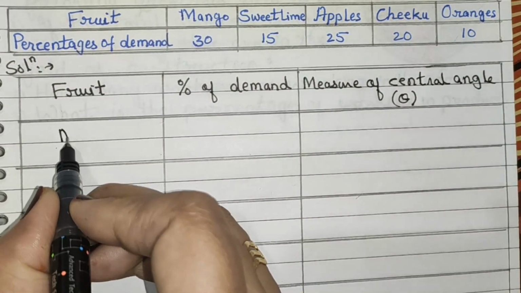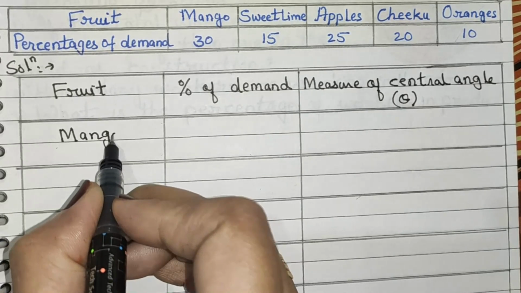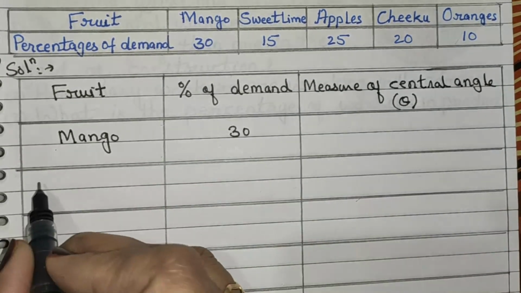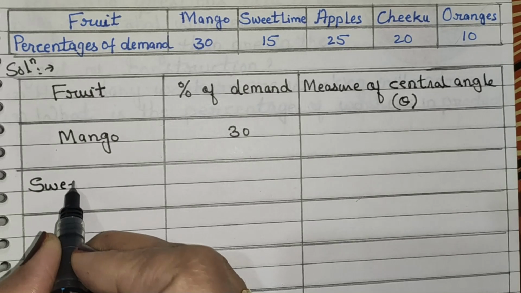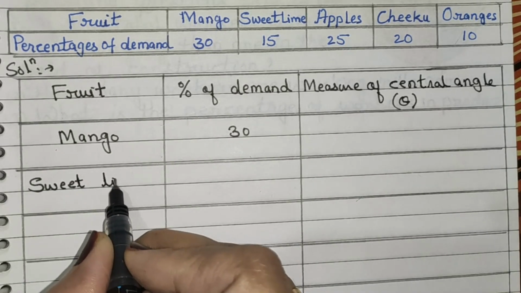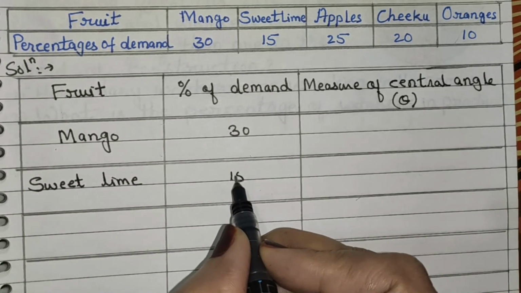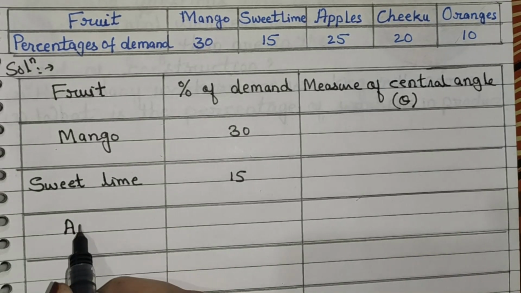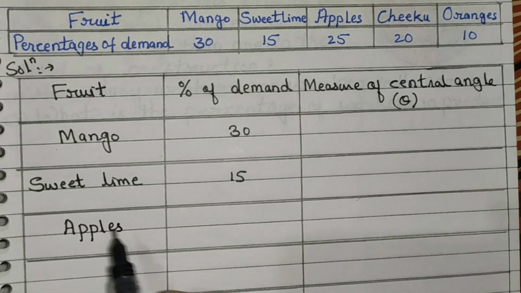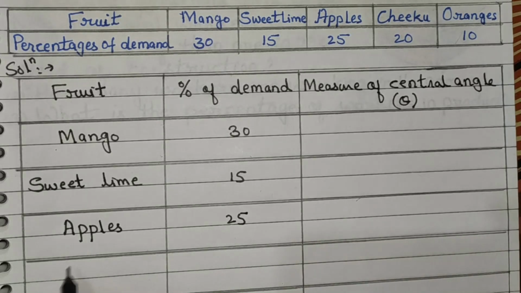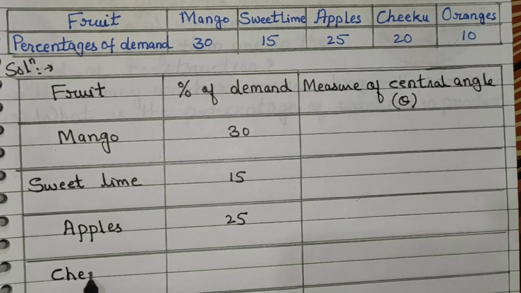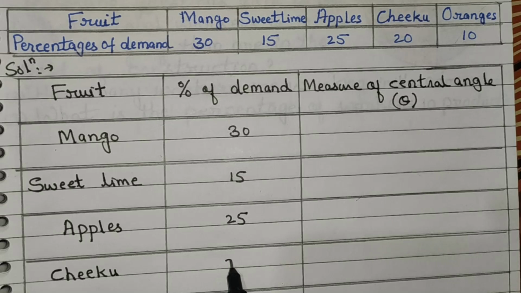Now write down all the information in the table. First is mango, 30. Next one is sweet lime, 15. Next one is apples, 25. Next one is chiku, 20.